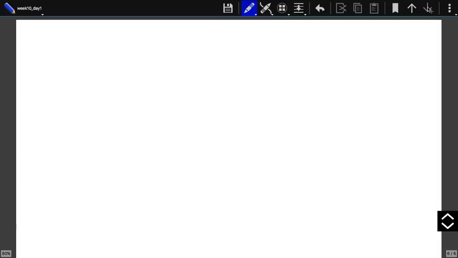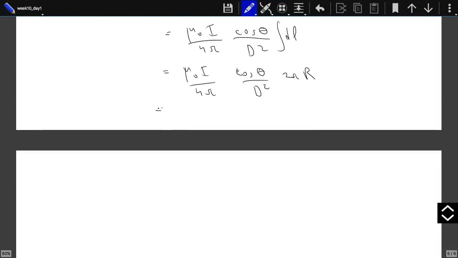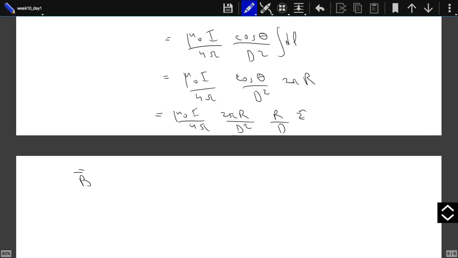So let's come back over here. This is equal to mu 0 I over 4 pi times 2 pi r over d squared. Cosine theta is r over d. So the total, this is in the z direction.